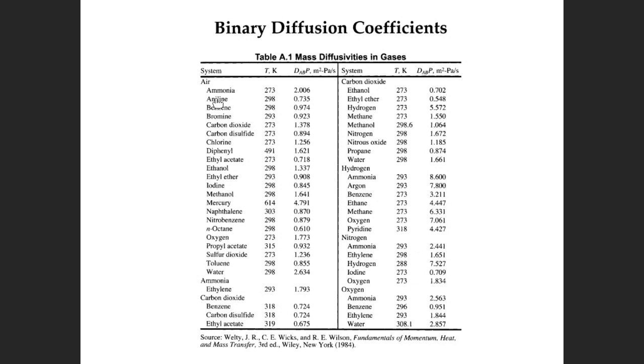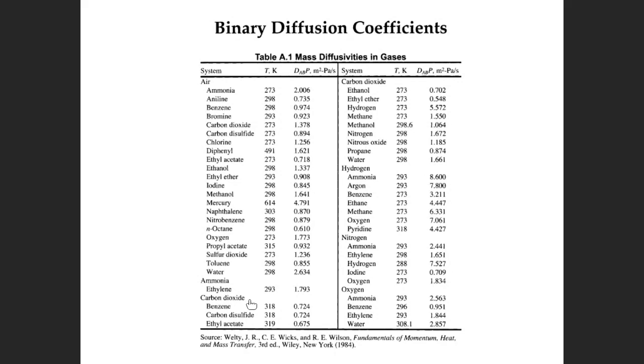So ammonia into air, that is, air will be the solvent and ammonia will be the solute. So A will be ammonia, B will be air. The rest will be the same: aniline, benzene, bromine, etc., CO2.